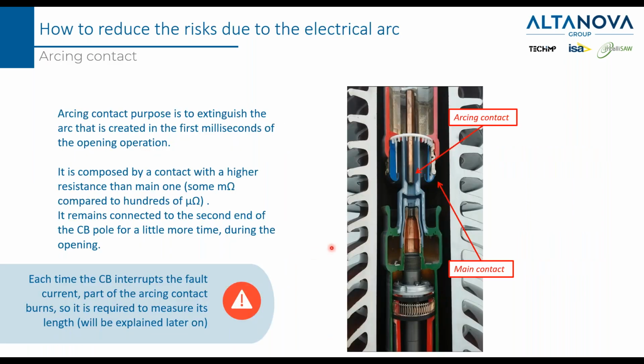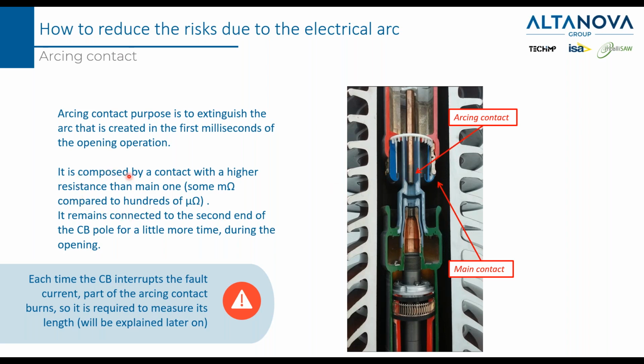There are solutions to try to keep the circuit breaker as safe as possible. Inside the breaker, you can see there is the main contact and also a so-called arcing contact. This is another piece of metal that is there to absorb the energy of the arc.